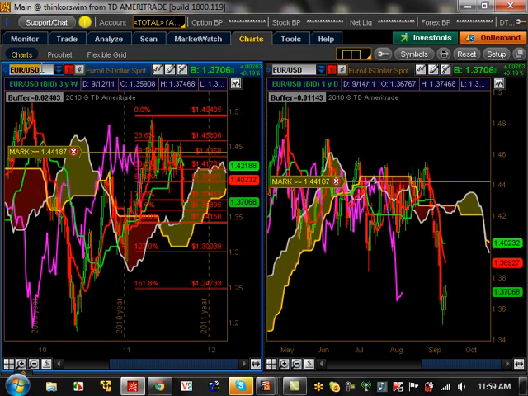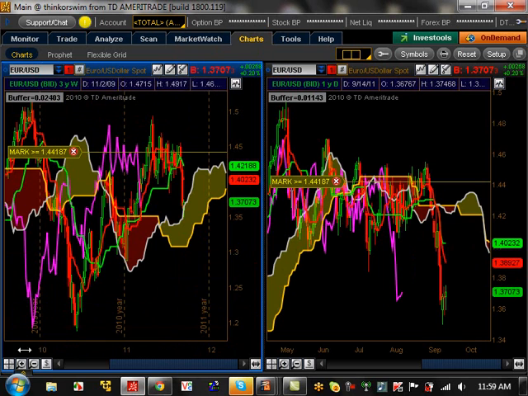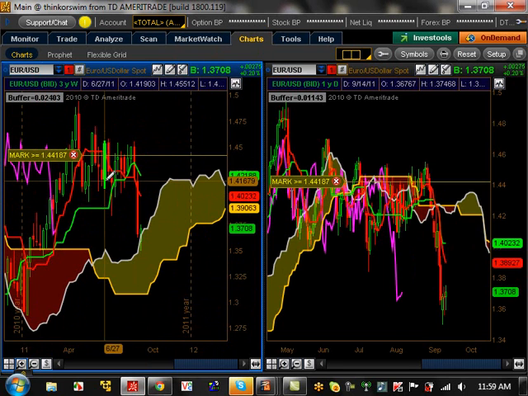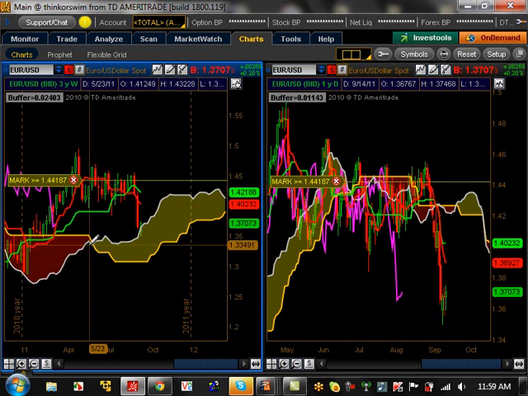Let's start off with the EURUSD. Let's remove these Fibonacci retracement lines I drew for some people and delete them. Remember, on the left-hand side is the weekly time frame, and on the right-hand side is the daily time frame. The dollar got very strong on a daily basis yesterday, where the euro dropped, but it's really not doing anything as far as the weekly EURUSD is concerned.